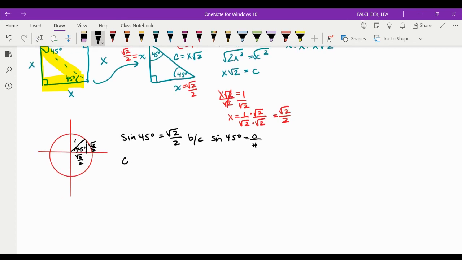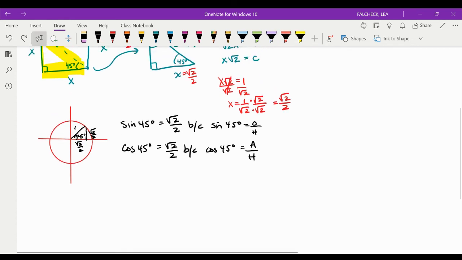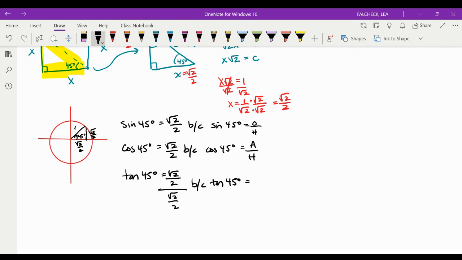Same idea here. We know that the cosine of 45 is root 2 over 2 because the cosine of 45 is adjacent over hypotenuse. And we know that the tangent of 45 is root 2 over 2 over root 2 over 2, because the tangent of 45 is equal to the sine of 45 over the cosine of 45.